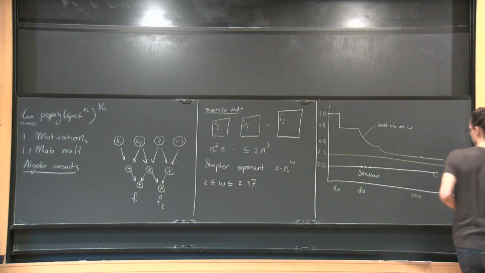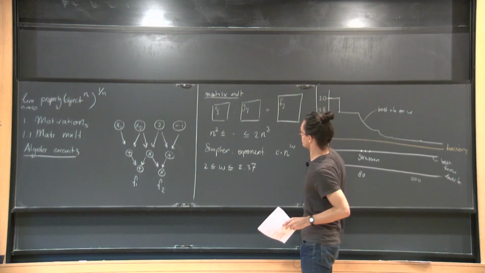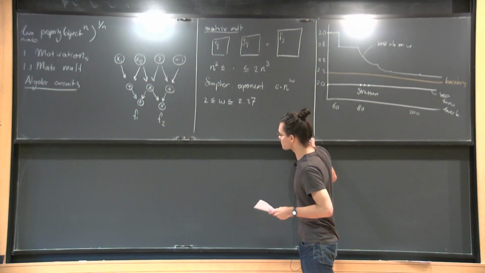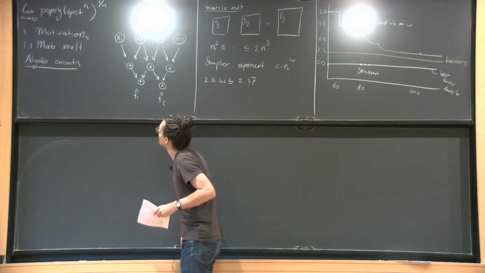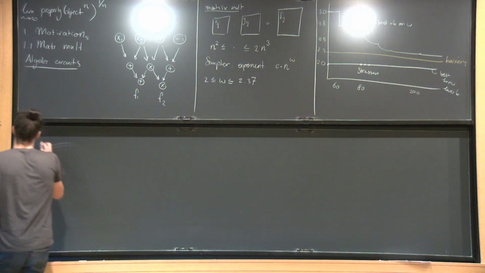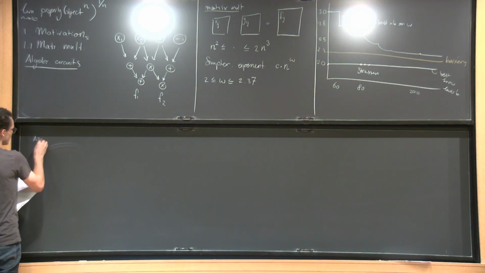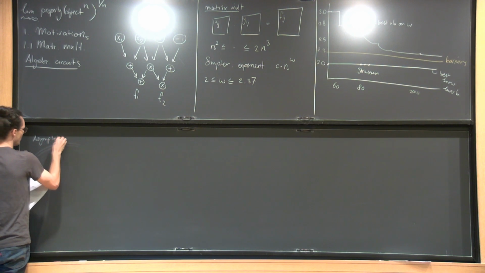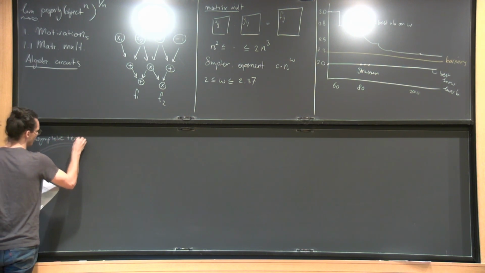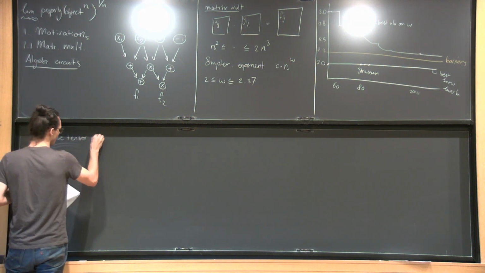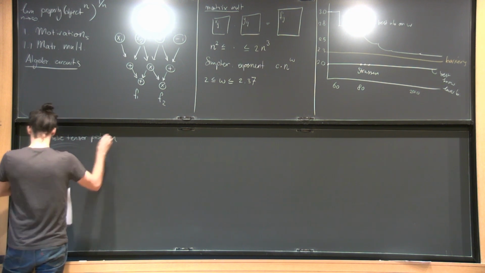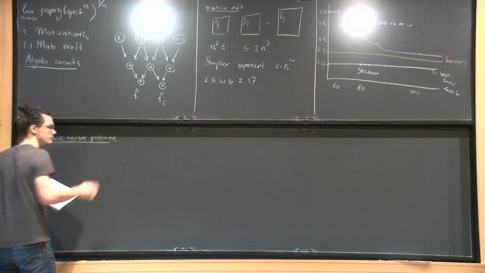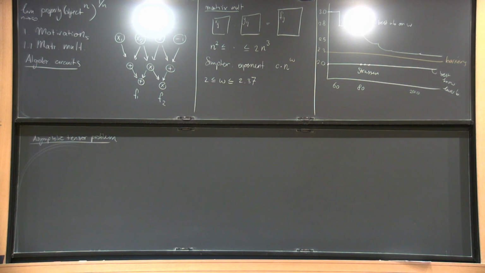So this is the problem. What's omega? Let's phrase this as an asymptotic tensor problem. I'm going to talk about tensors more later.